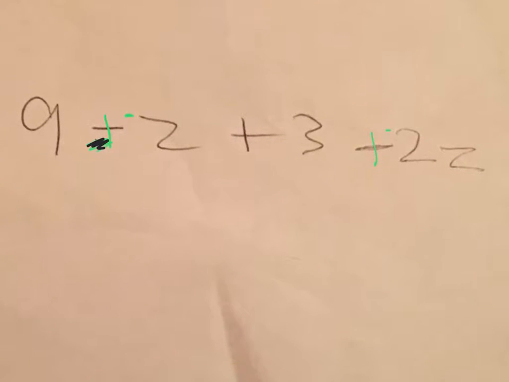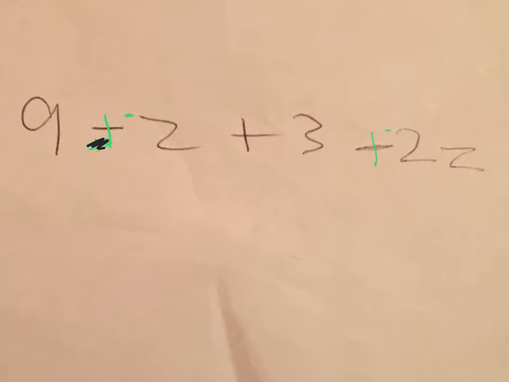So, what you do then is 9 plus negative z plus 3 plus negative 2z. So, the simplest form it can be in is the answer.